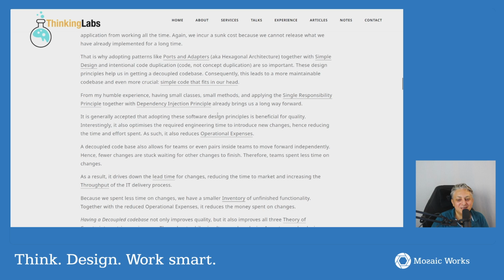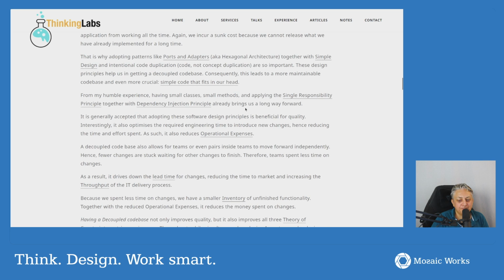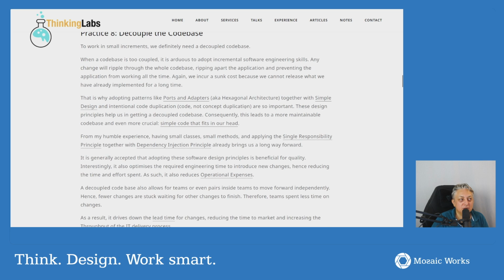Together with the dependency inversion principle, it already brings us a long way forward. Yeah, you need code that is easier to change, and there are multiple ways of doing this. Clean code with simple design is one of them. Ports and adapters, another one.